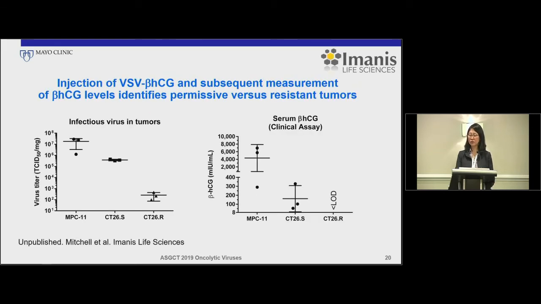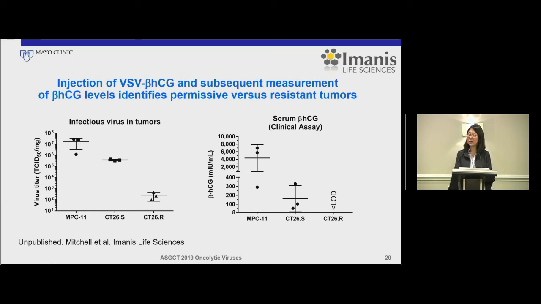The next slide shows us the viral titers that will tell us how permissive these tumors are and how much virus output did we get per gram of tissue. At MPC11, you can see 10 to the 6 to 10 to the 7 TCID recovered per milligram of tumor, infectious virus titer recovery, and CT26 mid-range, and then CT26R, which is quite resistant, barely any viral output at all.